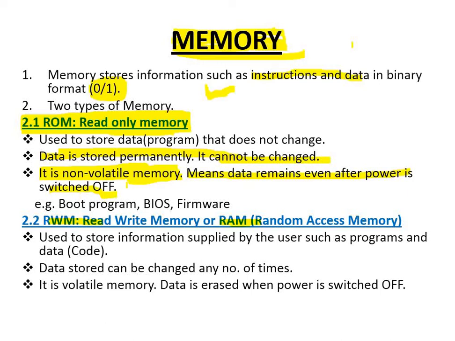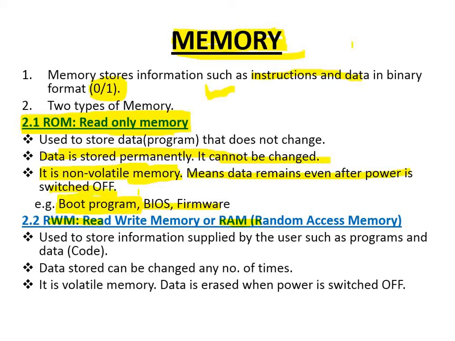Why is it necessary to have this type of memory, in which the data is stored permanently? It is because there are some programs like the boot program, BIOS. When you shut down your system and again press the power button, it gets turned on and your computer starts. The computer works according to this boot program.